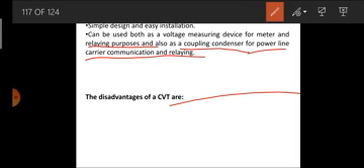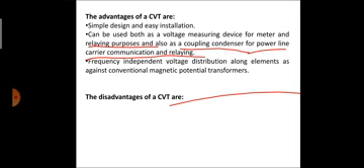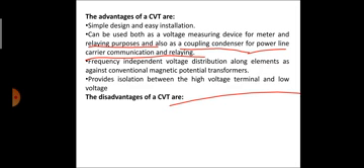The next advantage is its frequency independence: frequency independent voltage distribution along the elements, as against conventional magnetic potential transformers. The next advantage is the isolation between the high voltage terminal and the low voltage, because we have a matching transformer there.